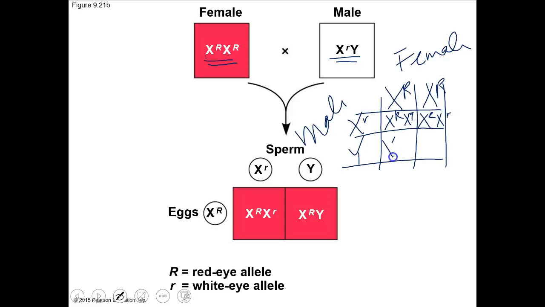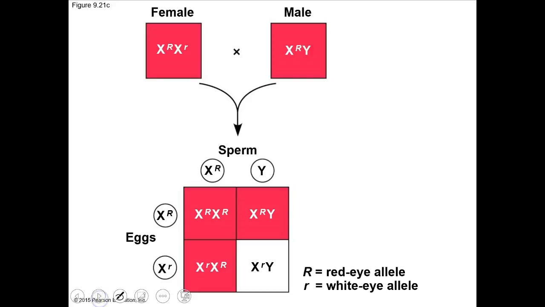Then we have XR and Y, XR and Y. So none of these will express the trait. They're all going to be red, because of what is showing here. So male or female, all the offspring are red-eyed. But now let's see what happens when we have a female who's heterozygous.